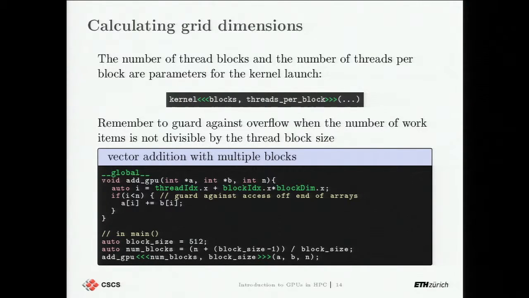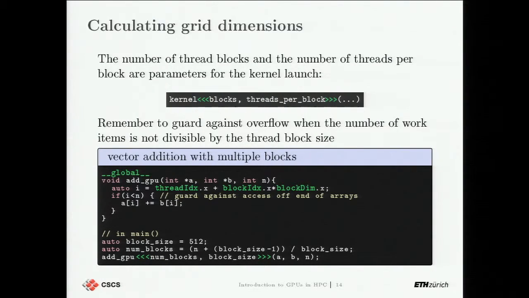That means we're going to need 2 thread blocks, but in the last thread block, only some of the threads are going to be working, because we've got 700 and 512. So quite a few of the threads in that block are going to have to be idle.